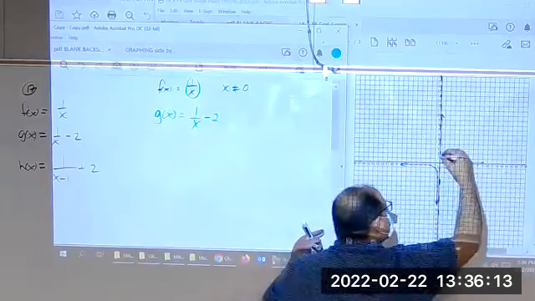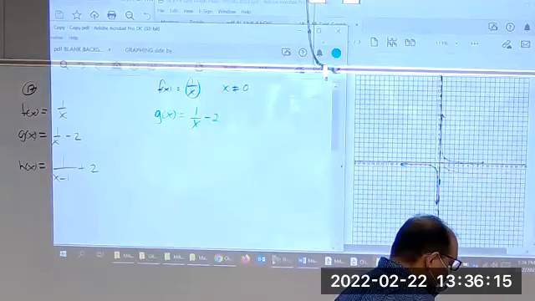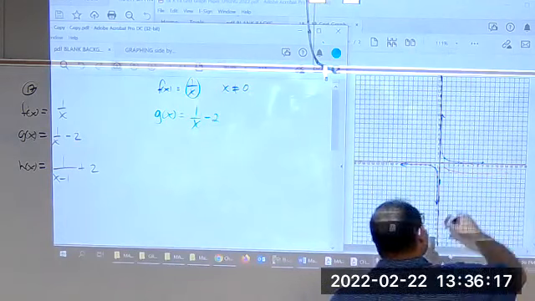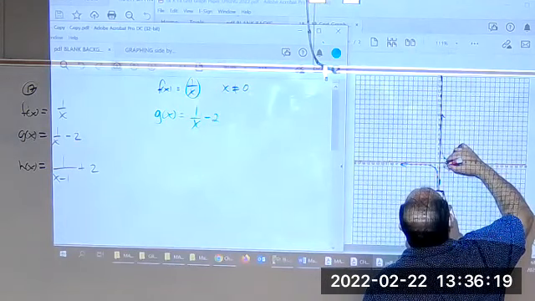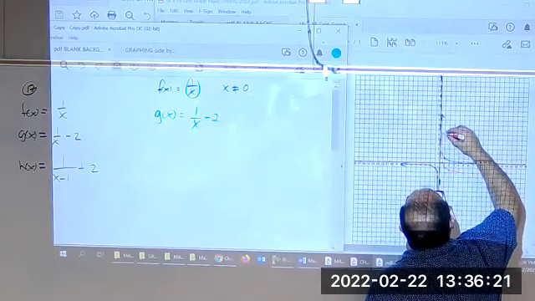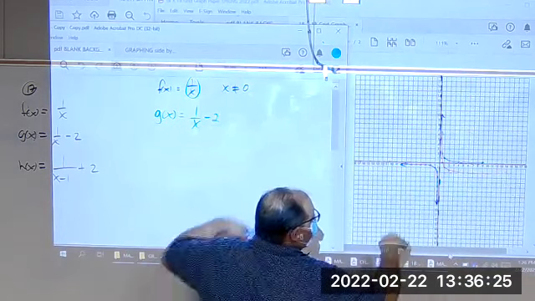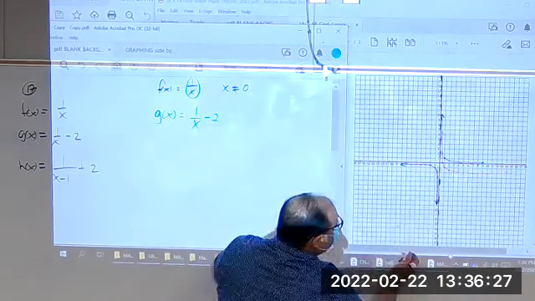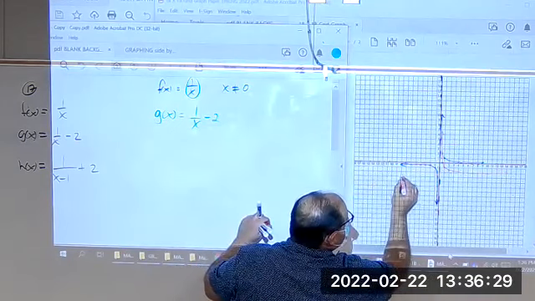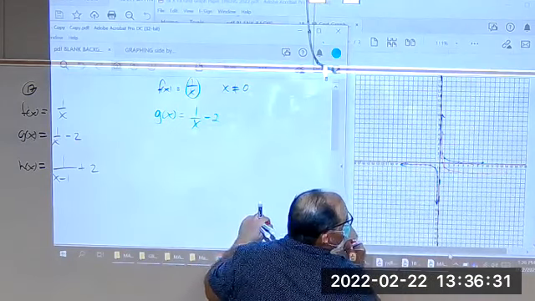And up here, it's doing this, going up. And the same thing here, except this is going to be coming from below. This asymptote on this side is going to be at -2 as well.